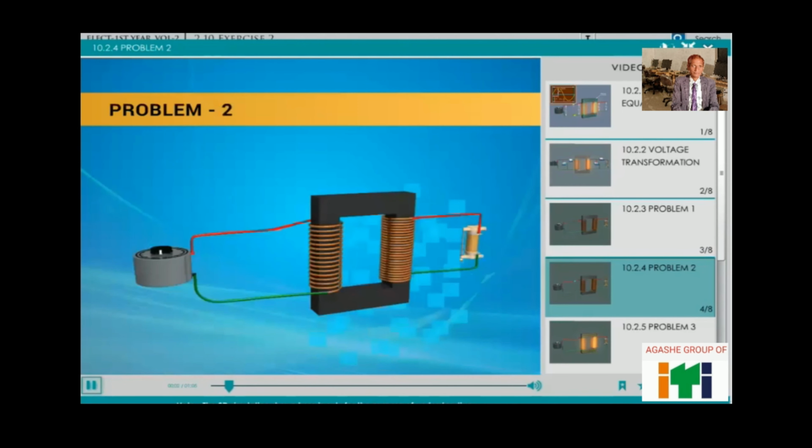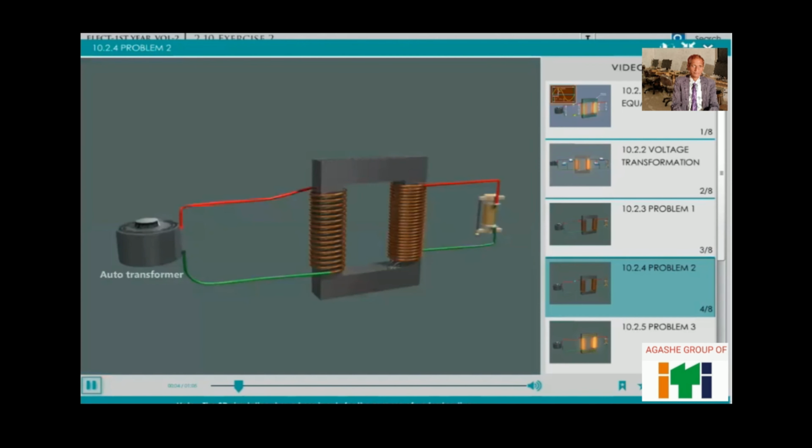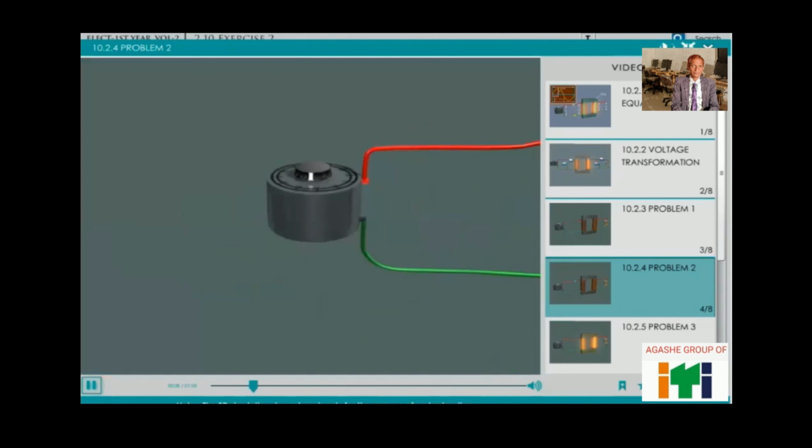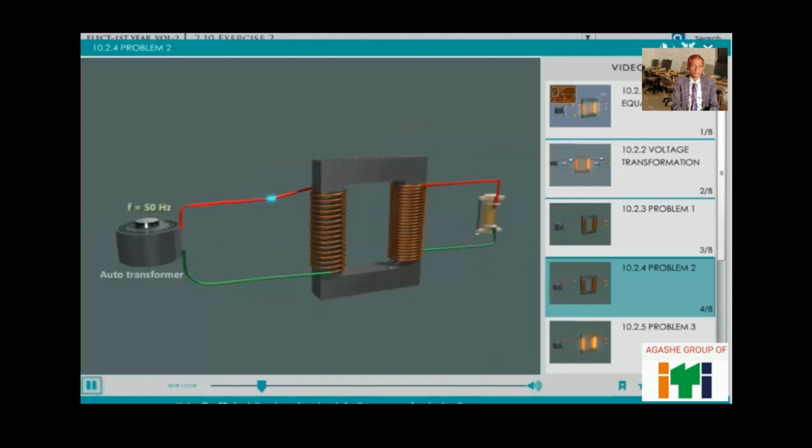Problem 2. We are going to solve the problem based on transformation ratio. Frequency f is equal to 50 Hz.